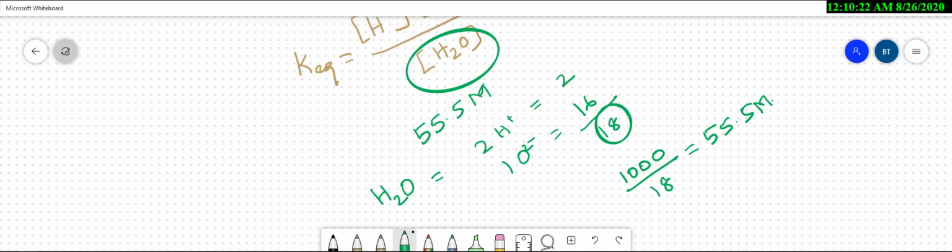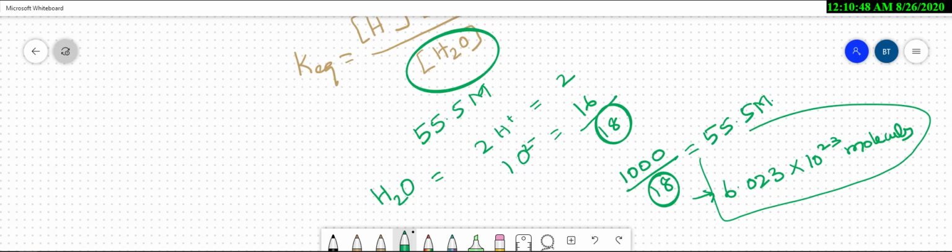How do you consider these water molecules in molar? For any given substance, for each gram molecular weight, 6.023 into 10 power 23 molecules will be present. That is represented as a mole. We are not taking 6.023 into 10 power 23, but converting it to moles. We call it 55.5 moles for 1 liter.